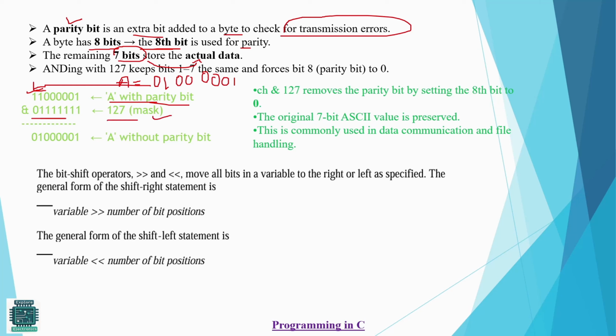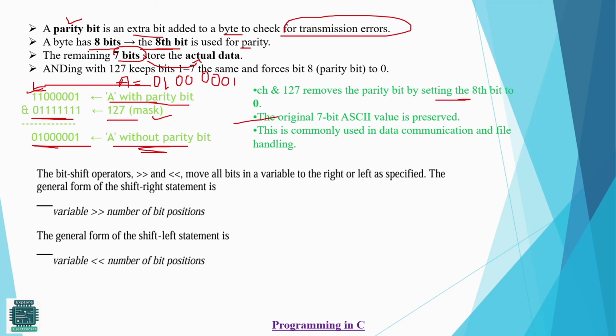If we do an AND operation over here, we will again get data without the parity bit. Here the mask is used to remove the parity bit by setting the 8th bit to 0, and the original 7-bit ASCII value is preserved. Right, here the parity bit is used and later it is removed.